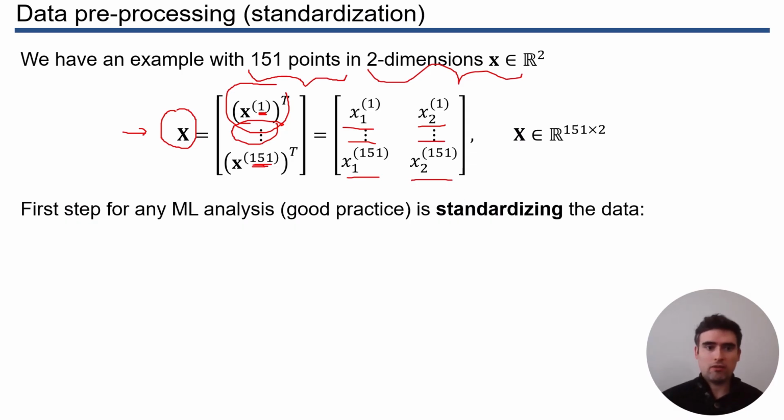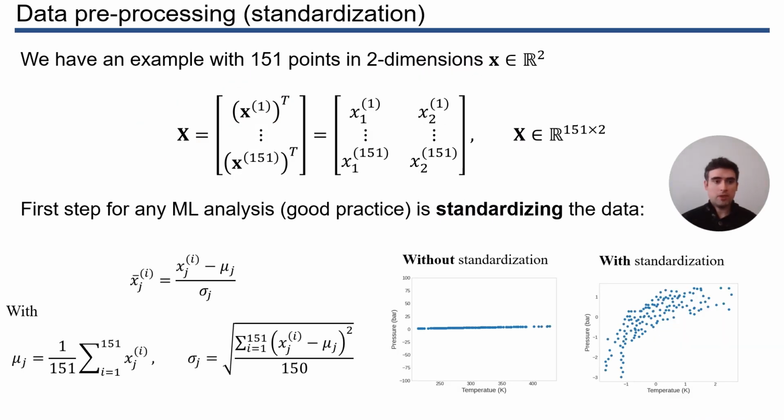And we collect all of this data into what we call the matrix of inputs X. We have a similar vector of outputs with the house prices, but for now I'm going to focus on the matrix of inputs.